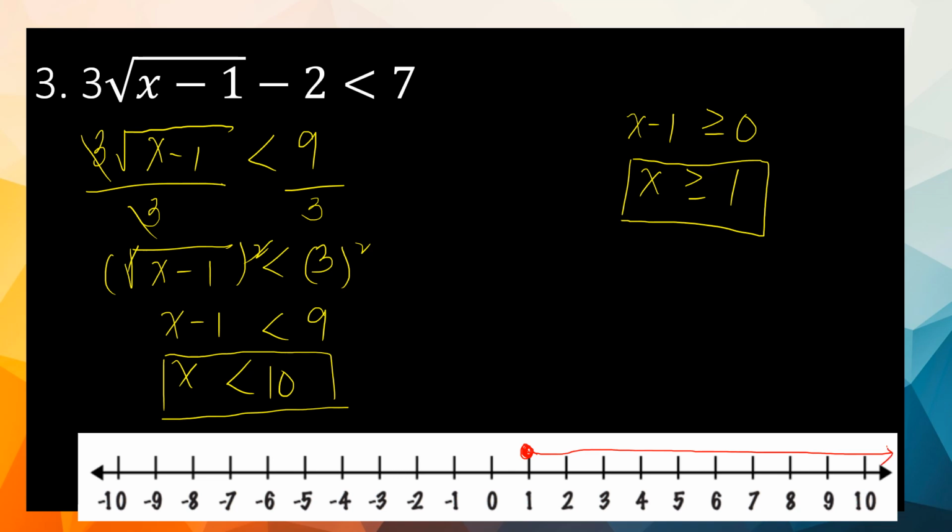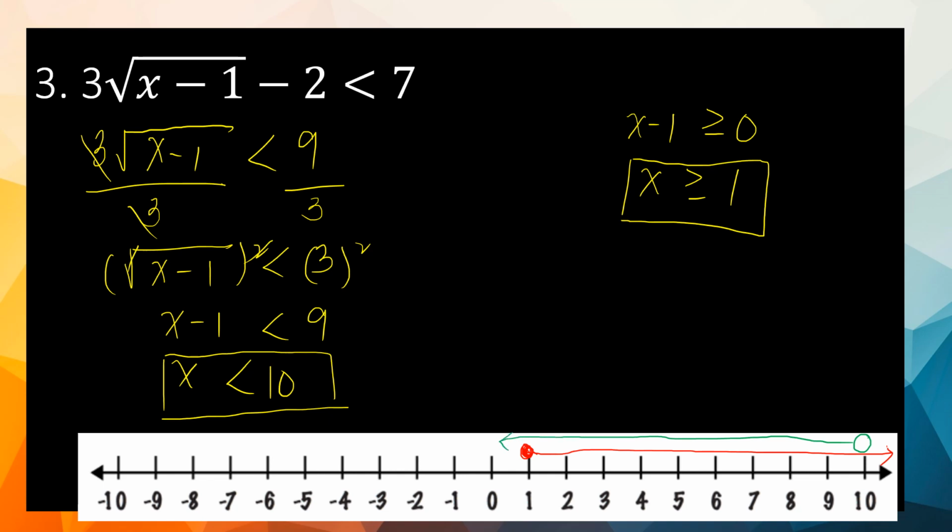And then we have a 10. Oh, it's an open one. And it's less than, so your arrow should be to the left. It's difficult to draw a straight line.